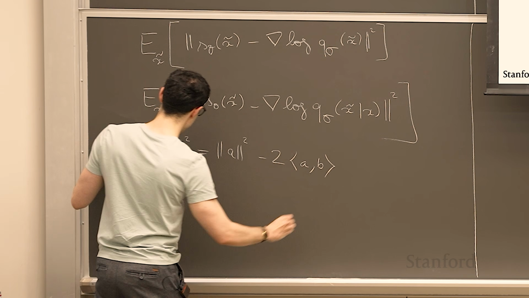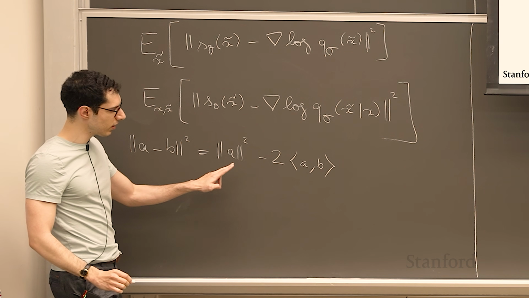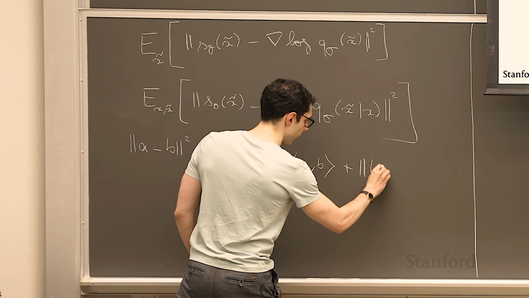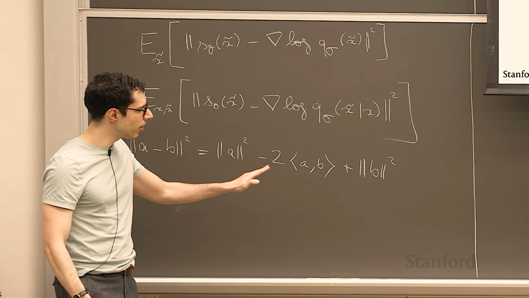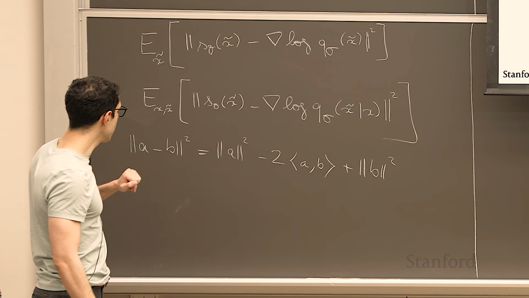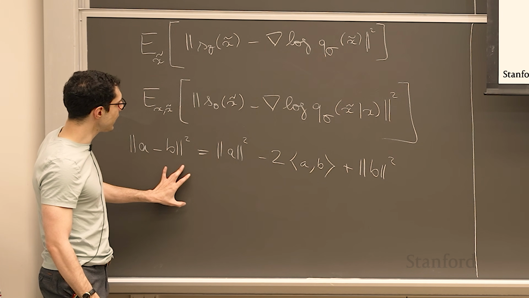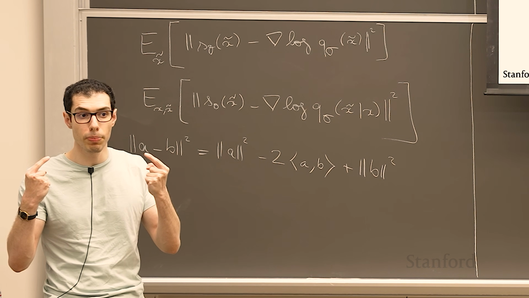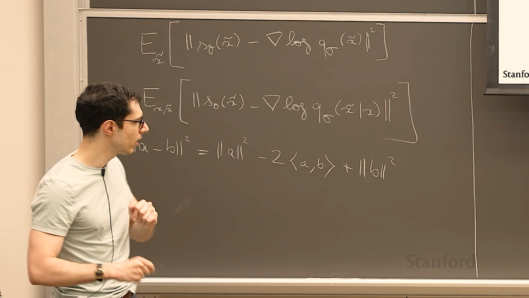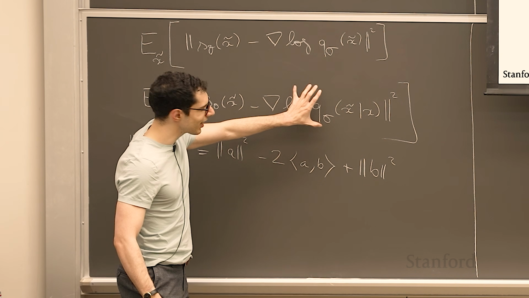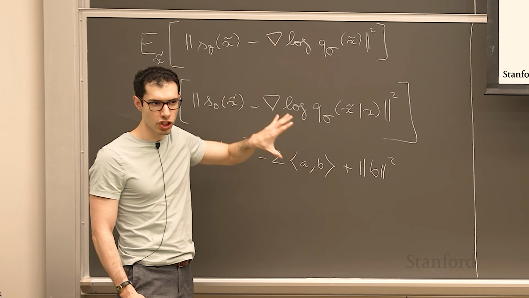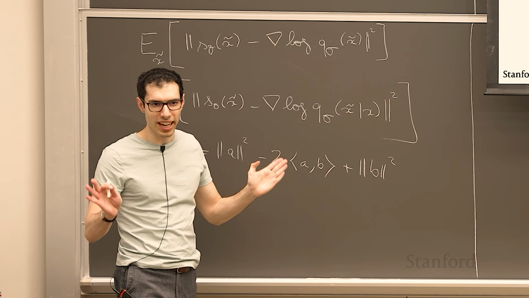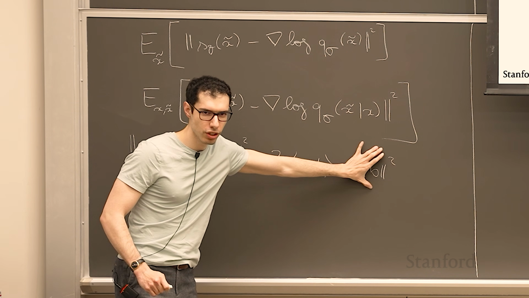The distance between A and B squared is A squared minus 2 times the dot product of A and B plus the squared norm of B. You want to optimize these two loss functions with respect to the parameters of the model, which is theta. You first realize that the B term in both loss functions is not a function of theta. So actually, you don't care, and this one you ignore.